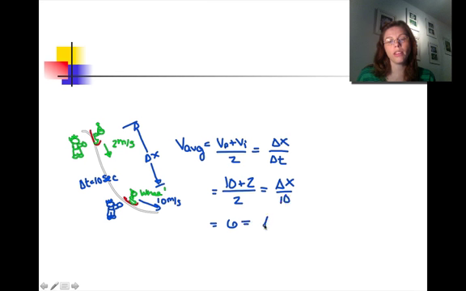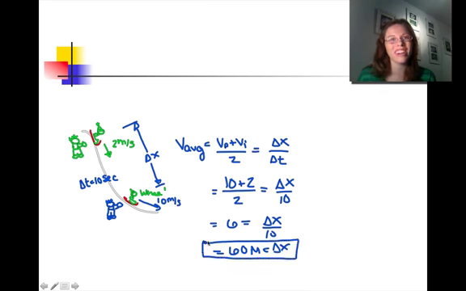So we got 6 equals change in x over 10. So we get 60 meters is equal to change in x. Woohoo! Don't you feel so smart? Okay, so if we take this equation, we just multiply both sides by change in time to get change in x by itself.